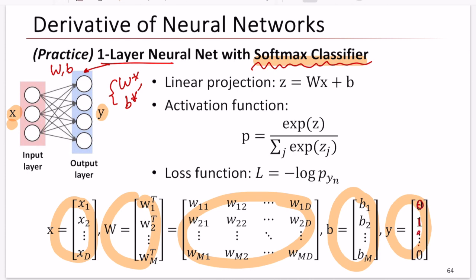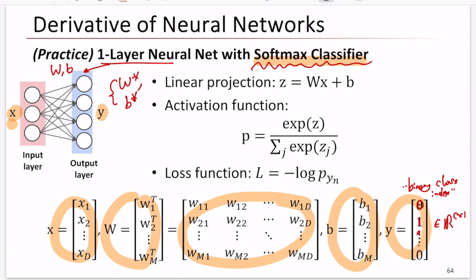So it's going to be a binary class index, for example. Of course, it should be in a C by 1 space. It means that we have C classes.